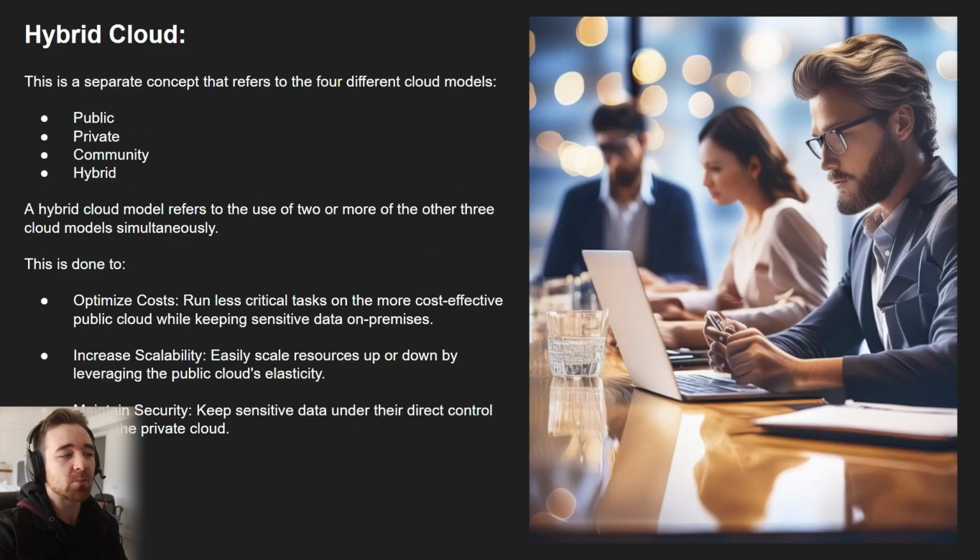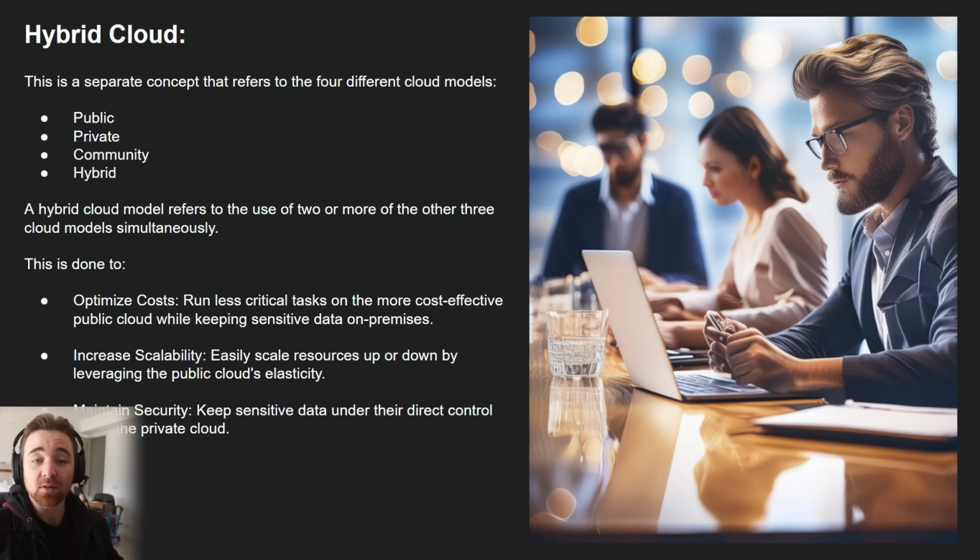The final option was hybrid cloud, and that's actually a separate exam objective. That comes into comparing public cloud, private cloud, community cloud, and hybrid cloud. Hybrid cloud is essentially a cloud version that is a combination of either public, private, and community. So for example, you might have a combination of public and private cloud infrastructure. So you're using private cloud to keep your really valuable data locked at your own premises.